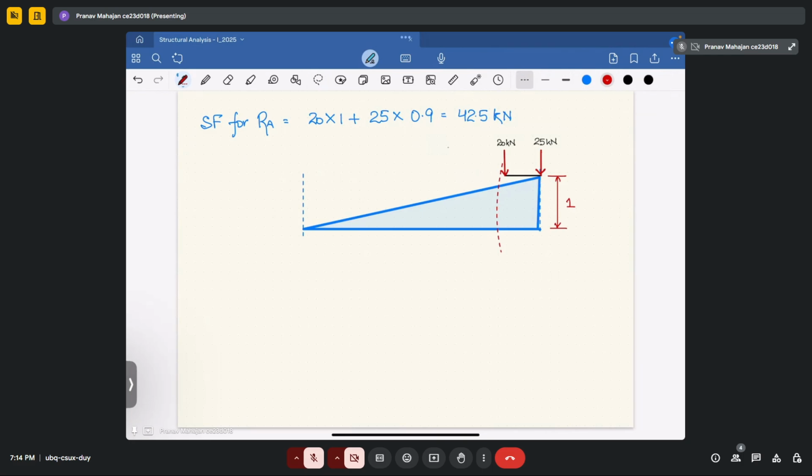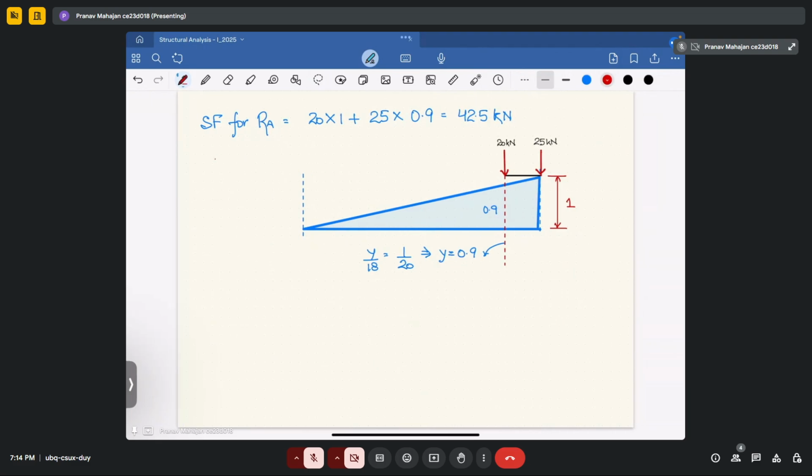We will again calculate this distance. Let me draw this line. Let's say this is y. I will write y upon total distance 18 equal to 1 upon 20. This will give you y equal to 0.9. So now this value is 0.9.